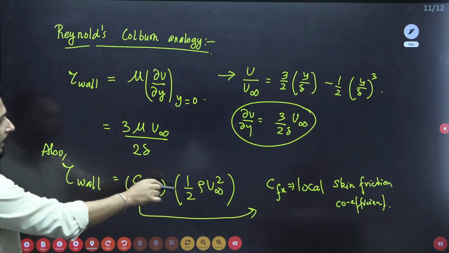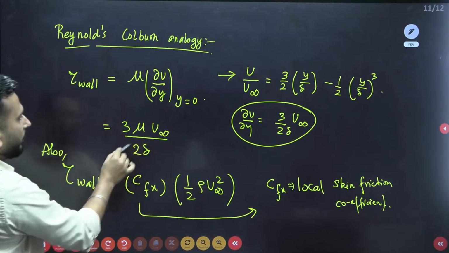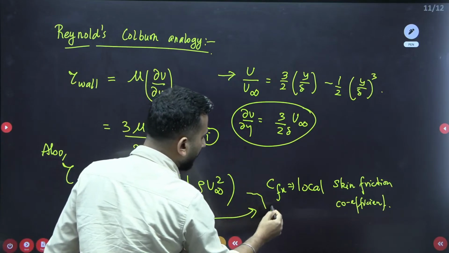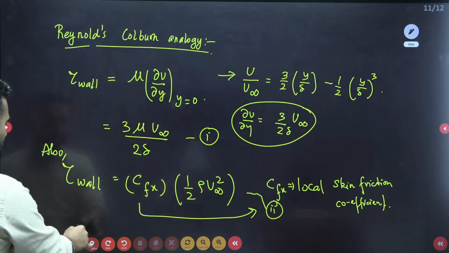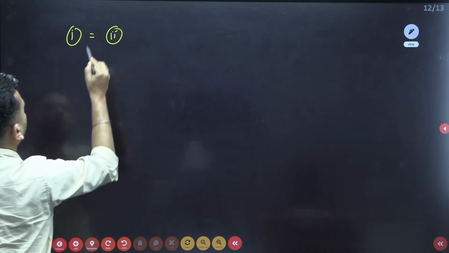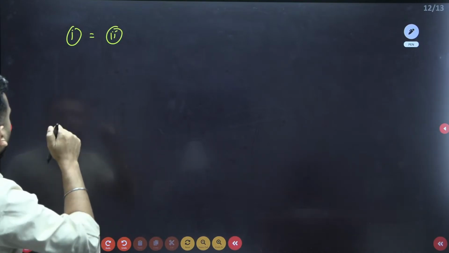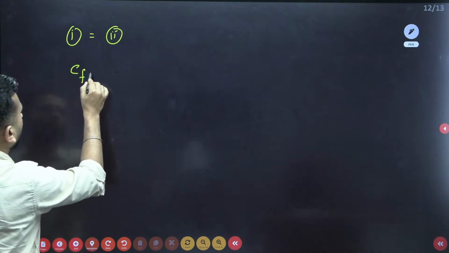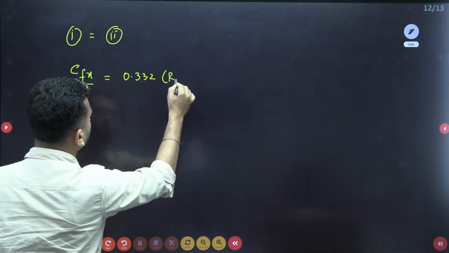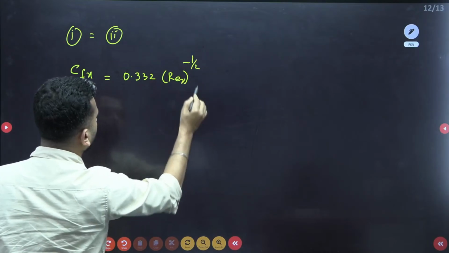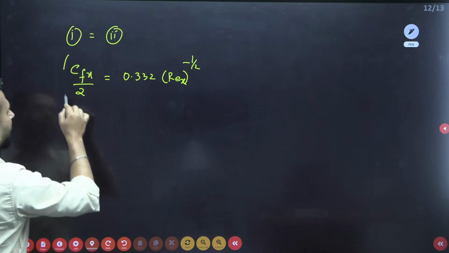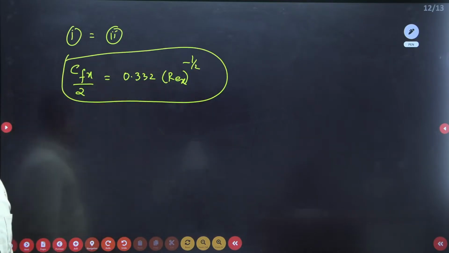So I can equate these two. Suppose this is equation 1 and this is equation 2. When I equate 1 and 2, we arrive at one equation. Now this is completely from the concept of fluid mechanics.